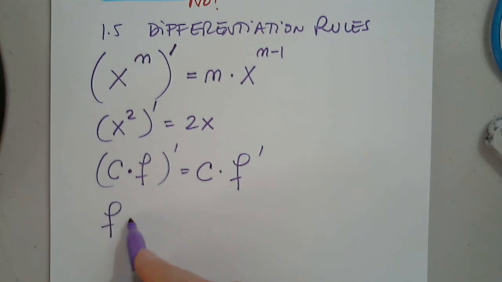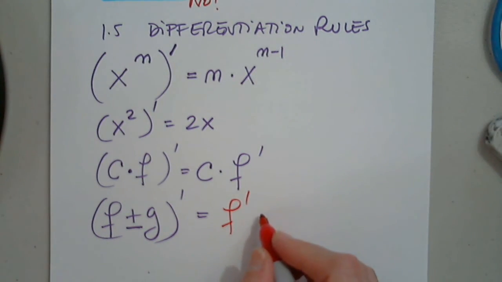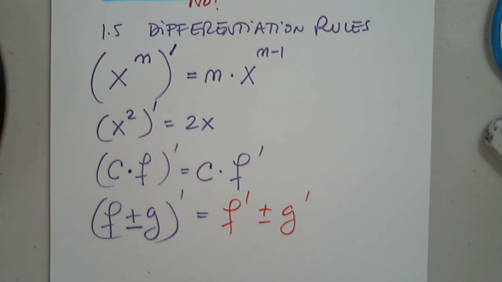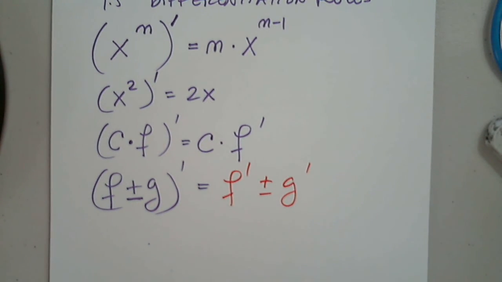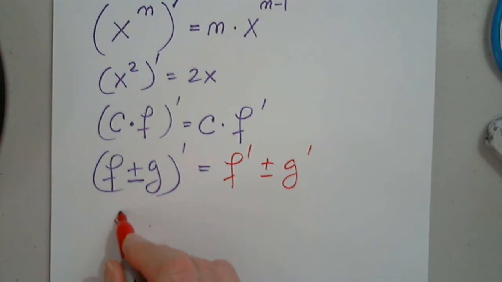If we have a sum of two functions or a difference of two functions, no problem. We'll have f prime plus or minus g prime. And I will give examples from all these, or I'll let you pick if you want. Now, of course, we already know the square root.